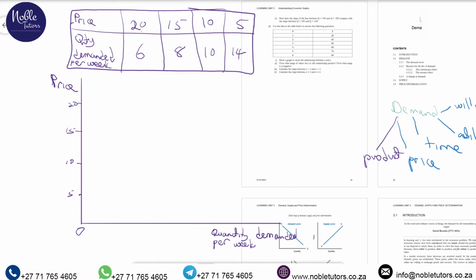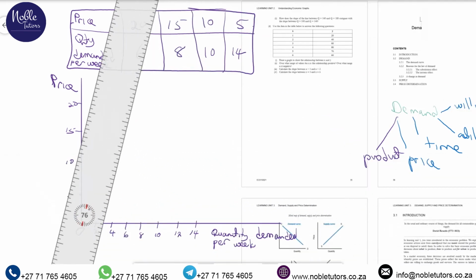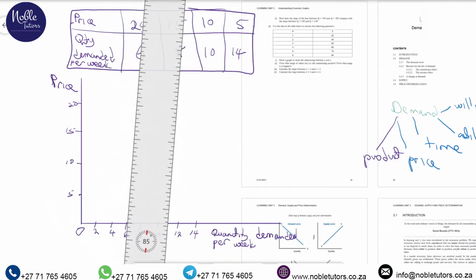And on the horizontal scale, let us use a scale of 2, 4, 6, 8, 10, 12, 14. Where 6 and 20 intersect, we have to mark a point. Six is here, so we have to draw a dotted line going up.